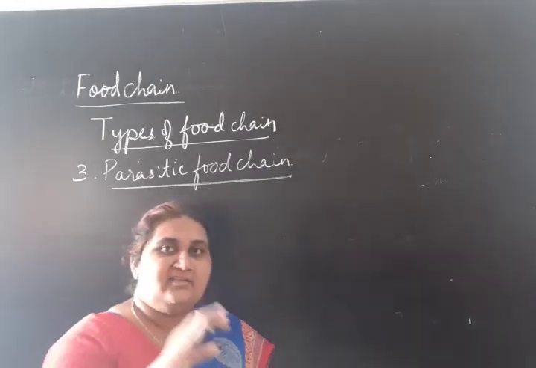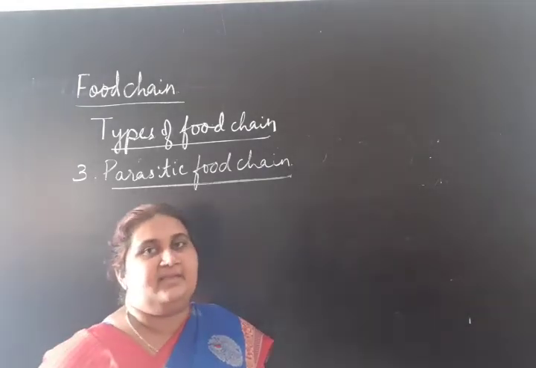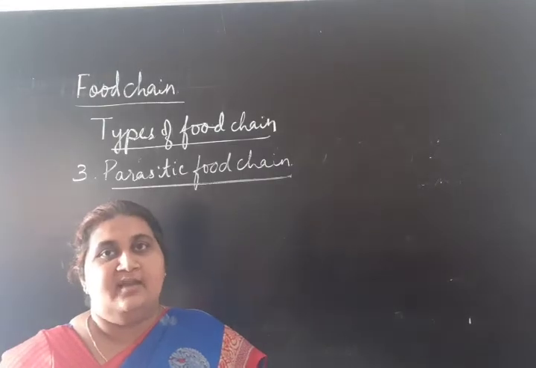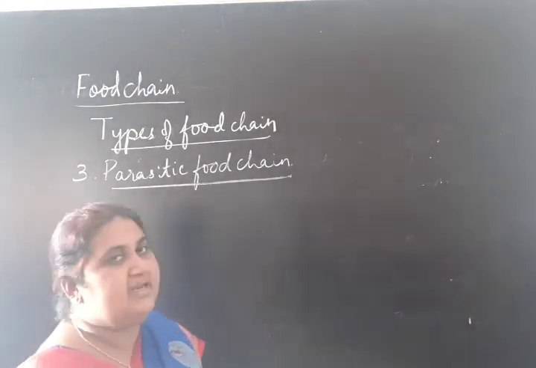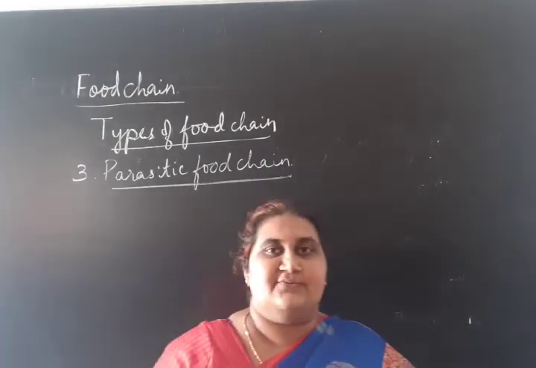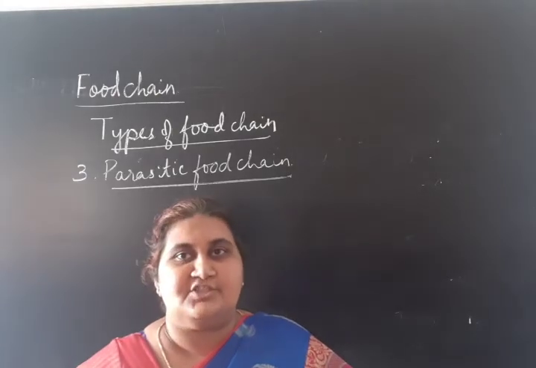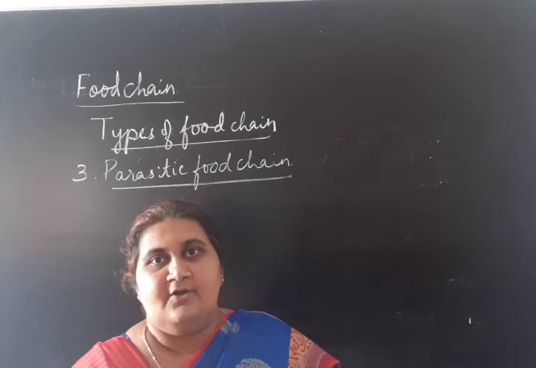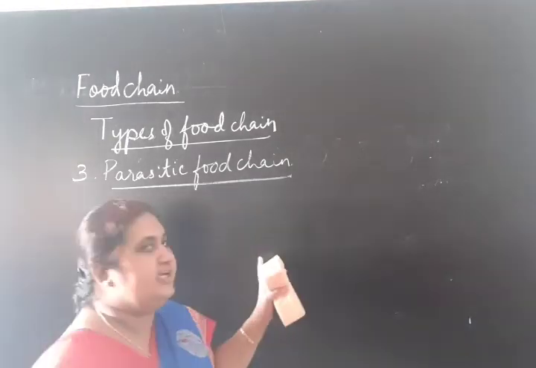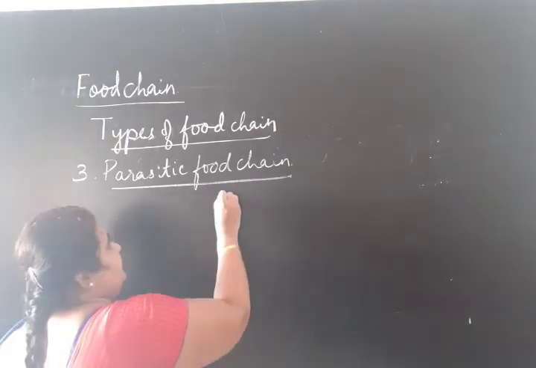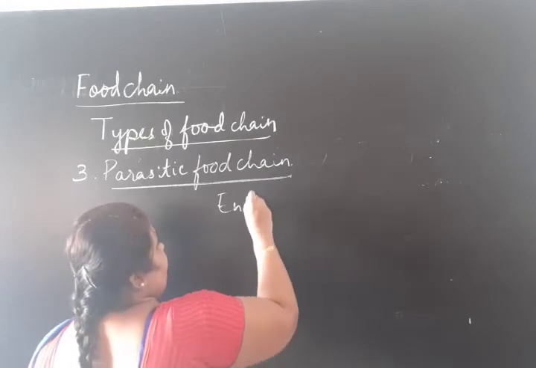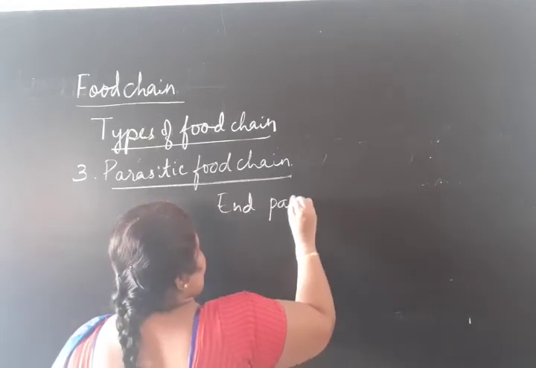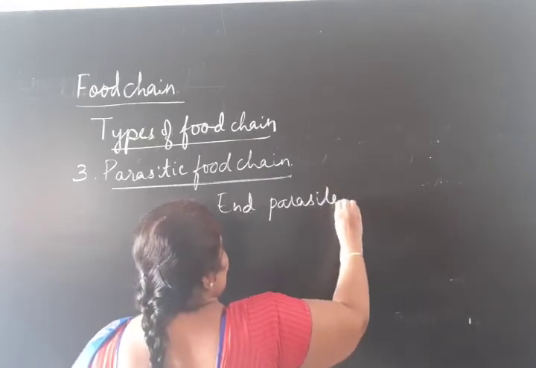Important here: the other two we have studied from where they begin, but in this food chain we are going to study where it ends. The food chain should always end in a parasite.